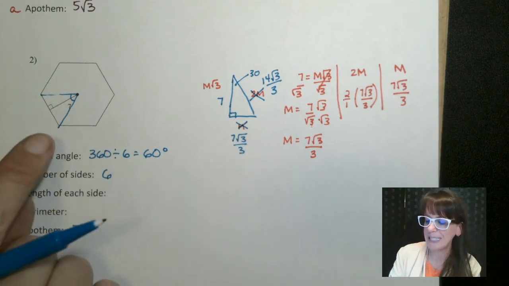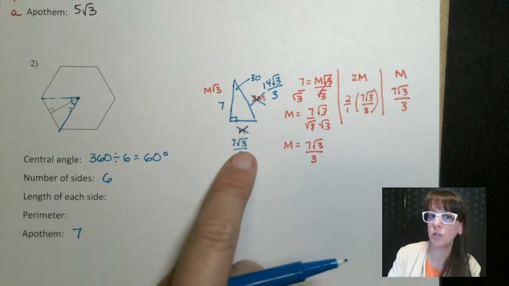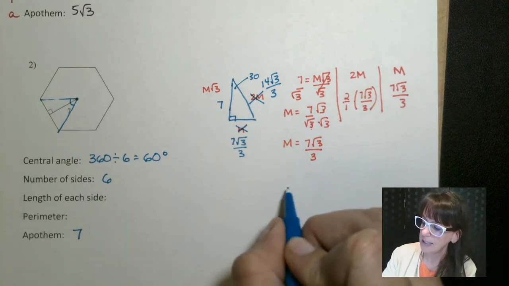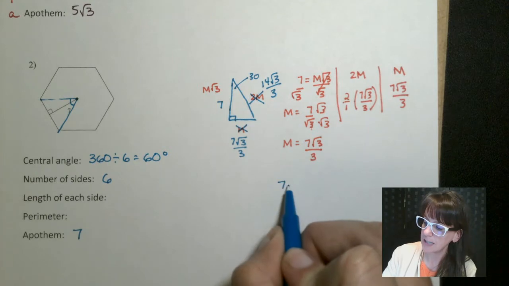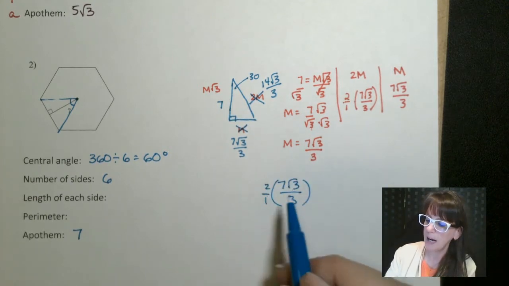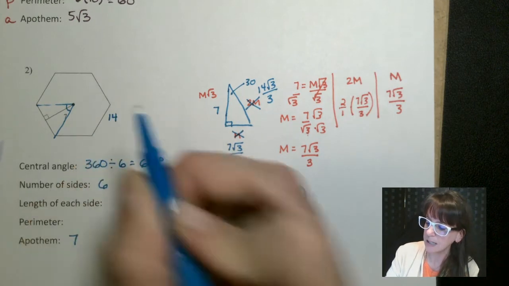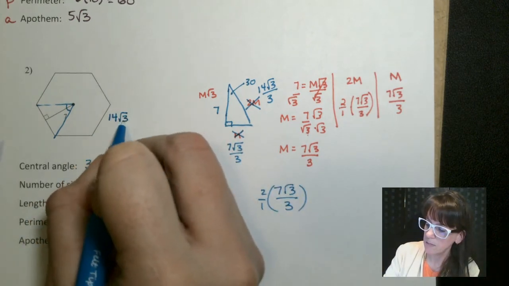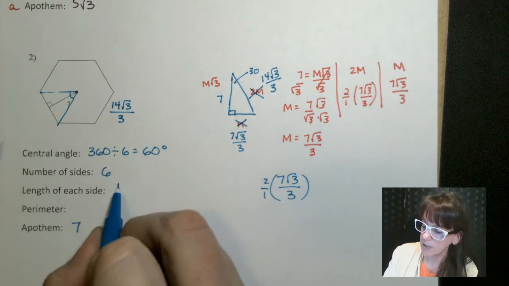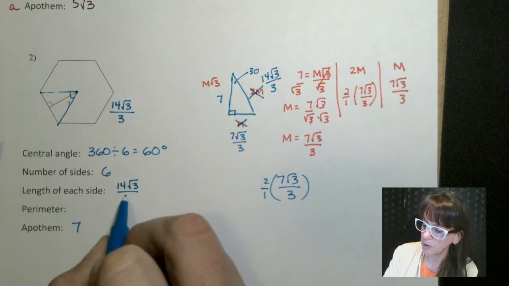This bottom one is half of one side, so I do need to double it in order to get the full side. So if I take, just like I did up here, 7 root 3 over 3 and I double it, multiply it by 2 over 1, I get 14 root 3 over 3. So each side is 14 root 3 over 3.